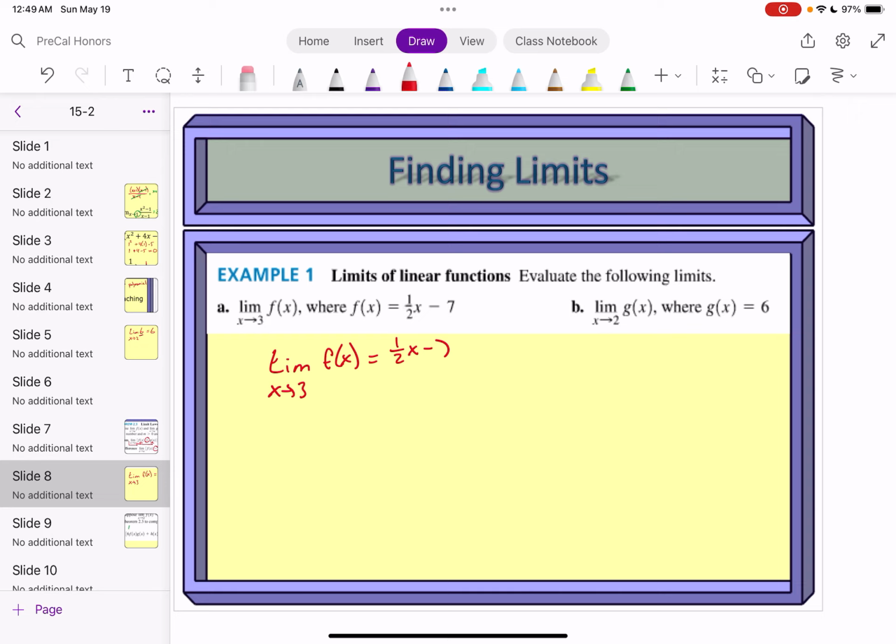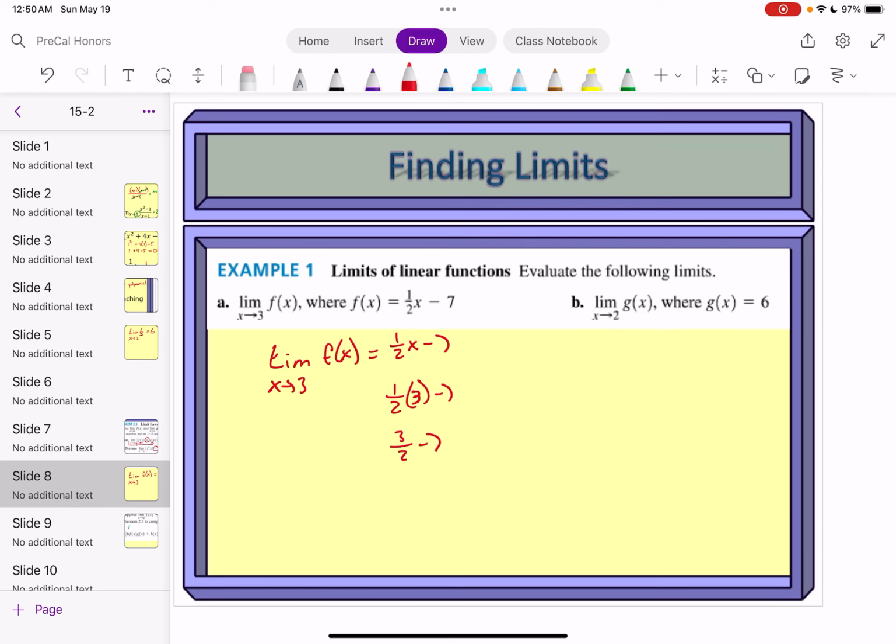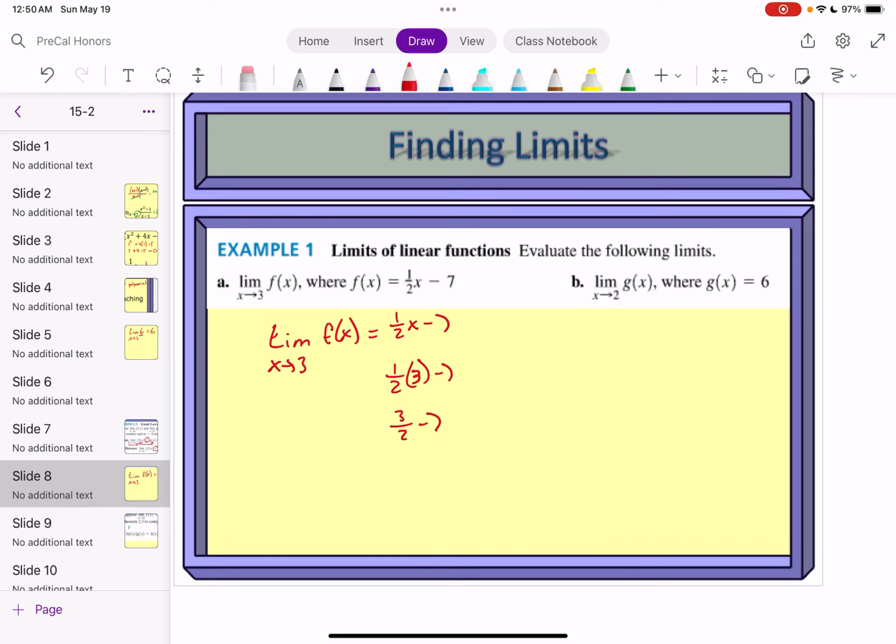Now in this case, what's going to happen is that we are going to plug in 3 for x. So 1/2 times 3 minus 7, that is 3/2 minus 7. Now we can switch 7 for a common denominator of 2, which would leave 3 over 2 minus 14 over 2, which gives us a final answer of negative 11 over 2.